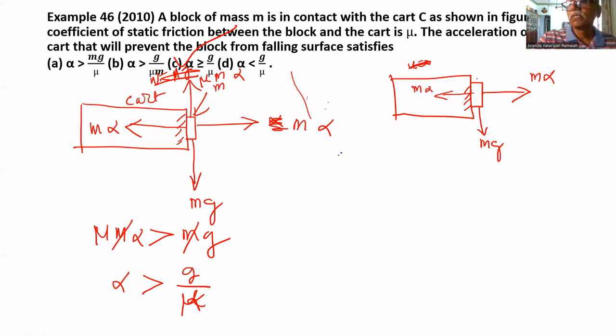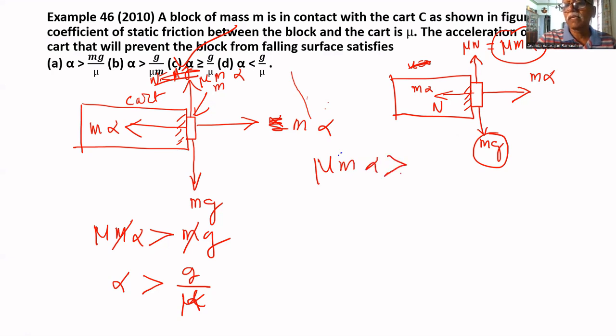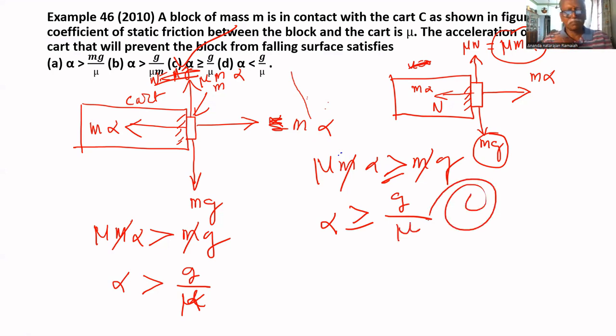For it not to fall, the opposite force must be greater than mg. That force must be mu N, where N equals m alpha. Therefore, mu m alpha must be greater than or equal to mg. M gets cancelled. Therefore, alpha must be greater than or equal to g divided by mu. Therefore, C is the answer.